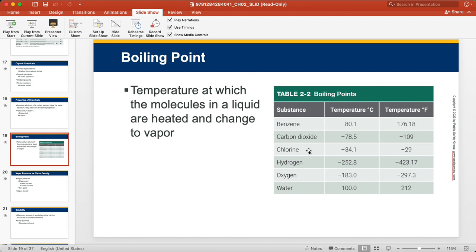Okay? Chlorine, in its gaseous state, we can take chlorine and we can refrigerate it or pressurize it and turn it into a liquid, and it will literally be a liquid at minus 29 degrees Fahrenheit.